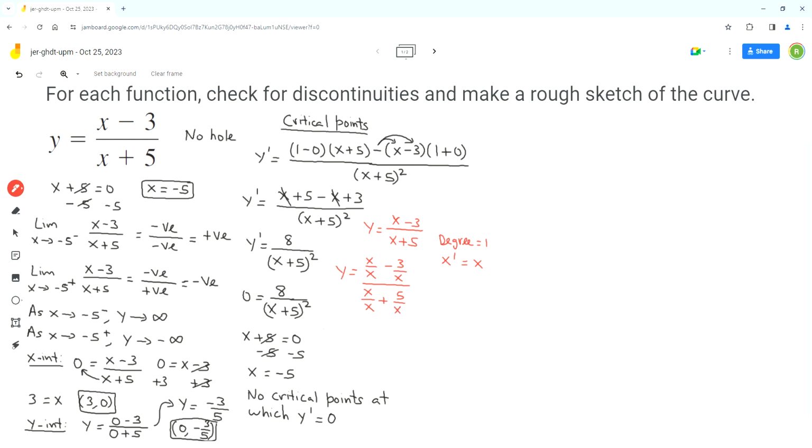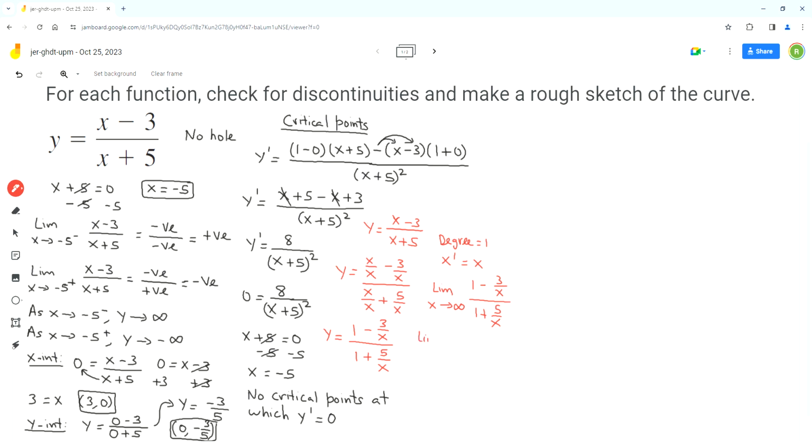Now we can simplify this expression. x over x is 1 minus 3 over x, and in the denominator x over x is 1 plus 5 over x. Now we can apply the limit equation of the horizontal asymptote. As x approaches infinity, 1 minus 3 over x over 1 plus 5 over x. We can apply the limit separately to the numerator and the denominator.